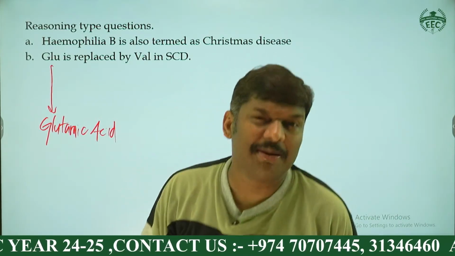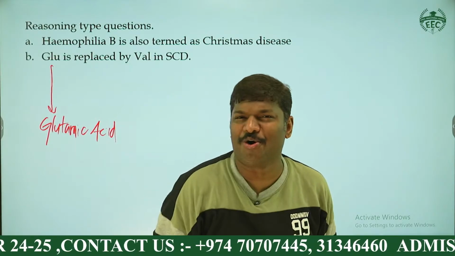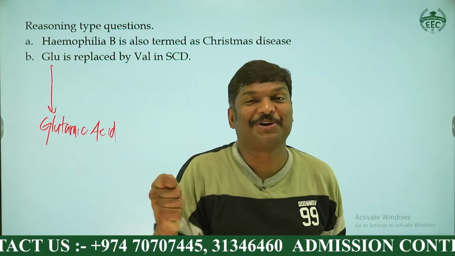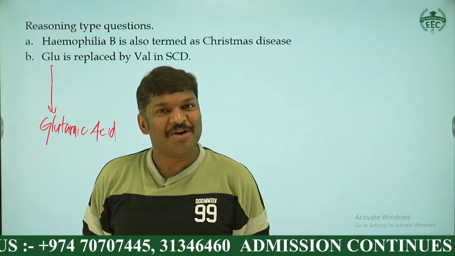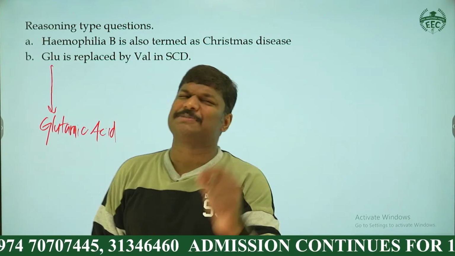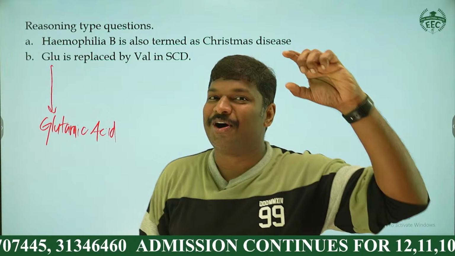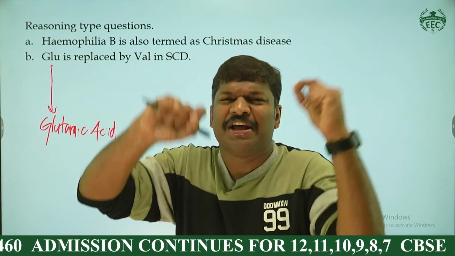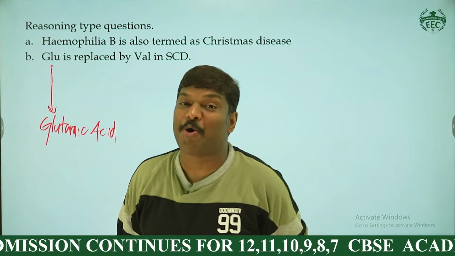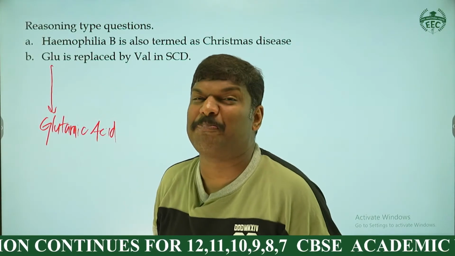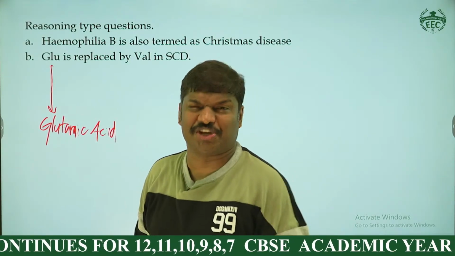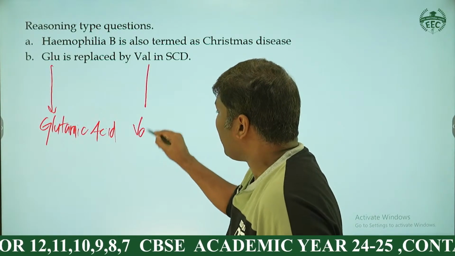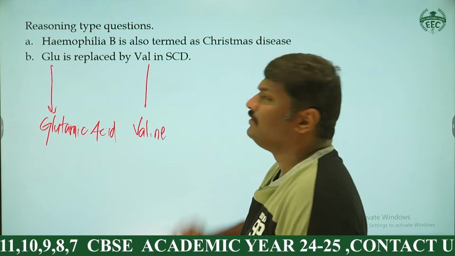Sickle cell anemia is due to one of the important mutations you studied. What is that mutation called? The mutation is called point mutation. What is point mutation, my dear student? Adenine and thymine are having an inversion. Due to that point mutation, in the 6th position of the beta globin chain, the normal glutamic acid is replaced by another one called valine.